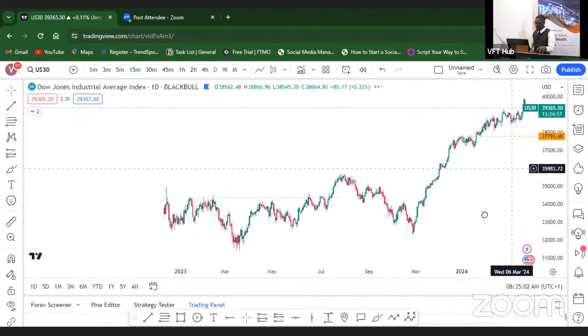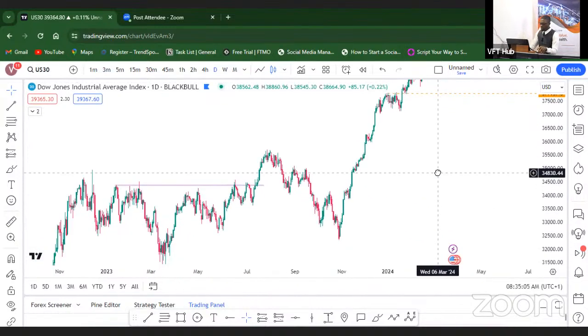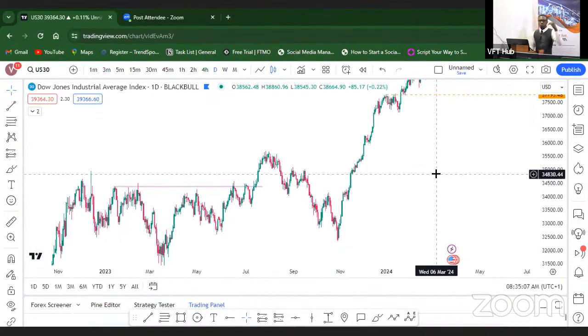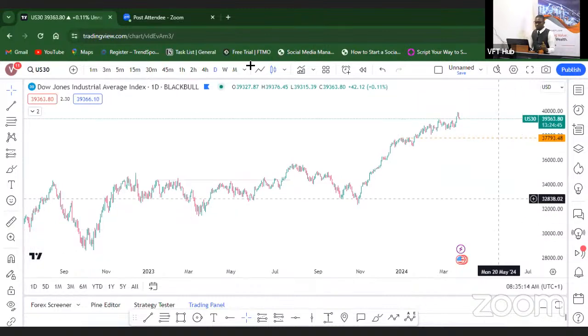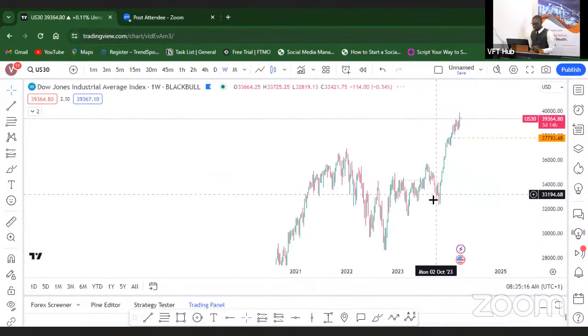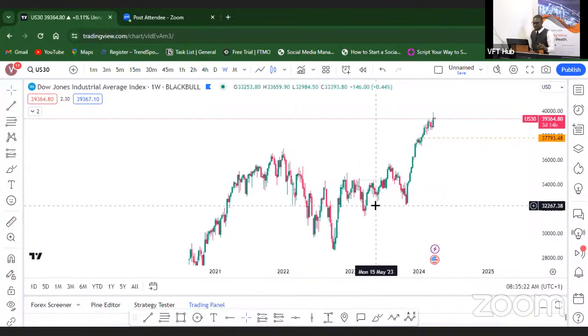Nothing has changed from what we've been seeing. The market has just been printing multiple breaks of structure to the upside, higher highs and higher lows, from the daily time frame, even from the weekly time frame. We've been seeing that since October last year, 2023, with the market pushing to the upside aggressively.